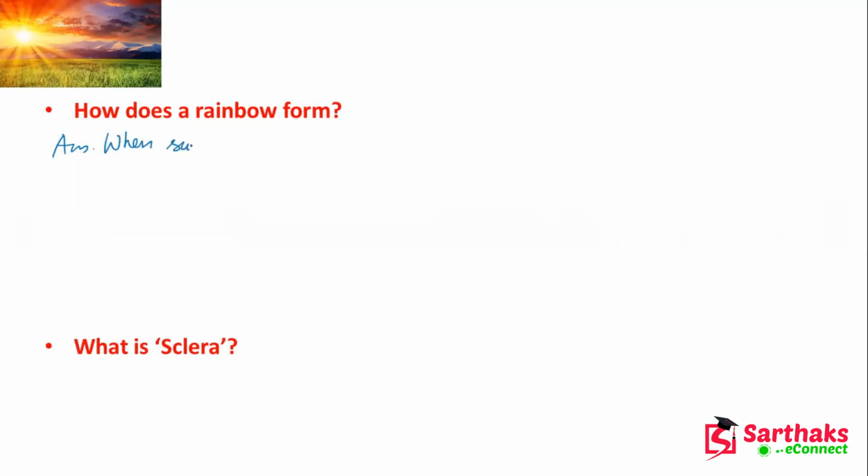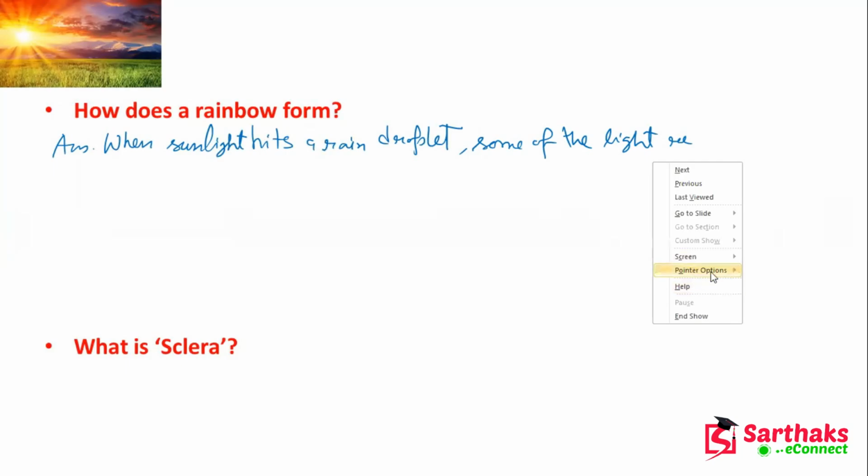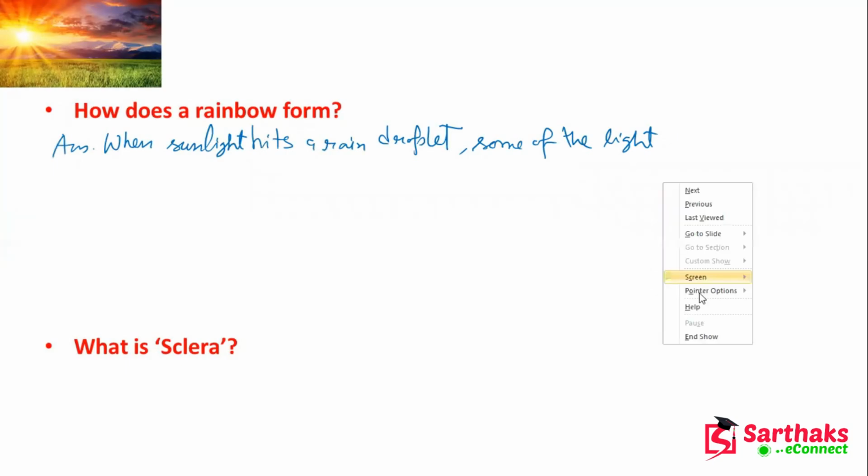When sunlight hits a rain droplet, some of the light is reflected.